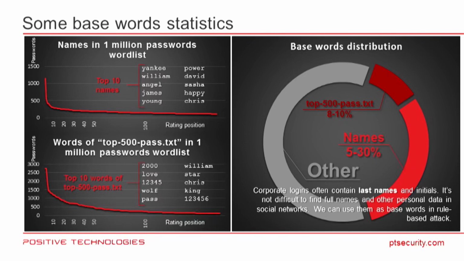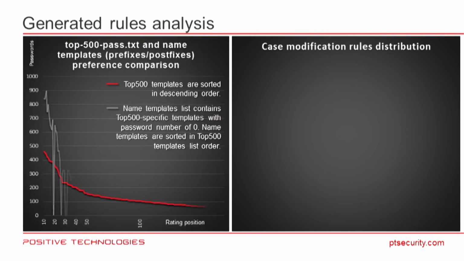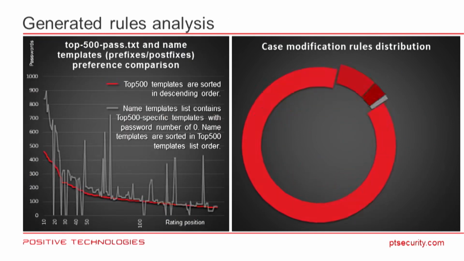Which saves you quite a lot of time. So when we have the corporate test, if we know the login, we are likely to know the name, we are likely to know the initials, which we can also use.